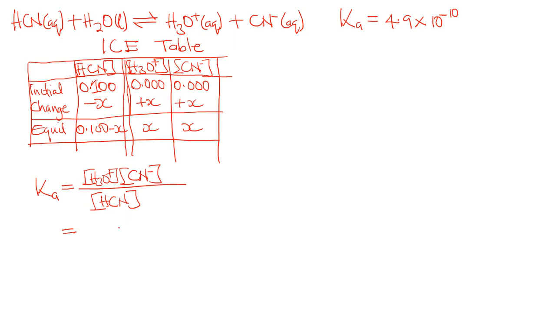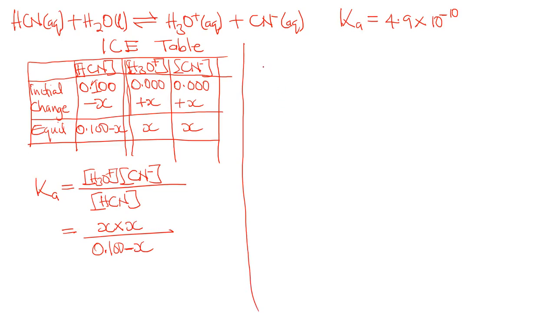Up here we are going to have X times X, since the concentration of this one is X and the concentration of this one is X. Down here the concentration of this one is 0.100 minus X. So that will give us our Ka.